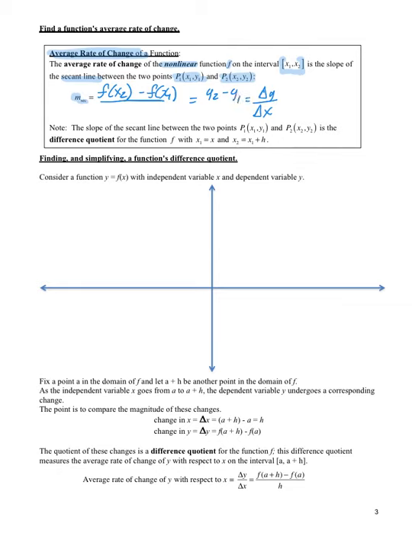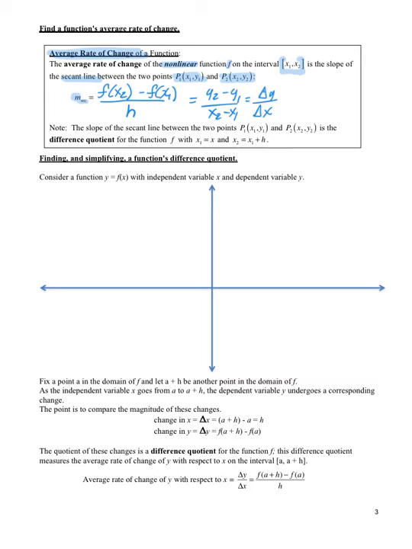I'm just using function notation. And that's over x2 minus x1, which we are now going to call h. h is what's known as your step length. Now, that may be a little bit confusing, but we're going to draw a picture to make sure that we really understand what we're talking about with this notation.